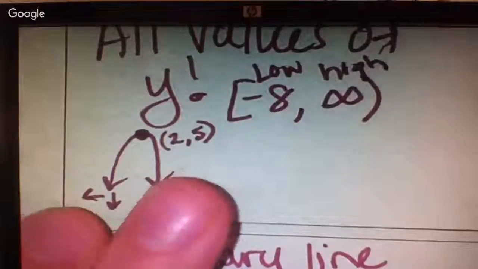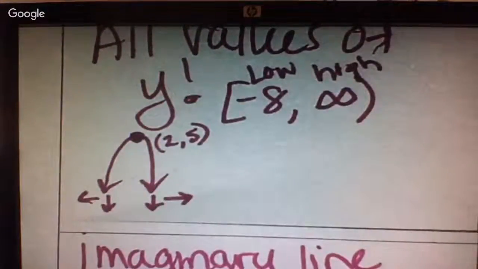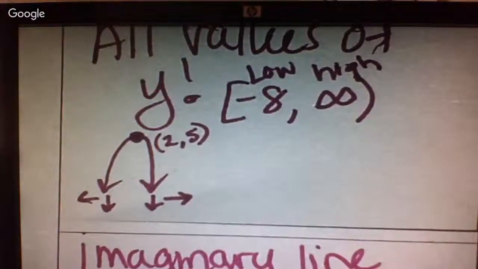When I write it like this, I always want how low does it go to how high does it go. When I flip my graph upside down, how low does it go? Negative infinity, because it's going down. So this one would start at negative infinity.